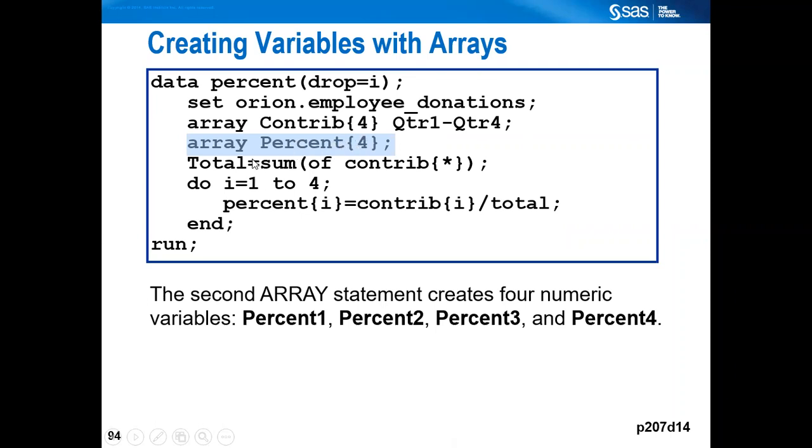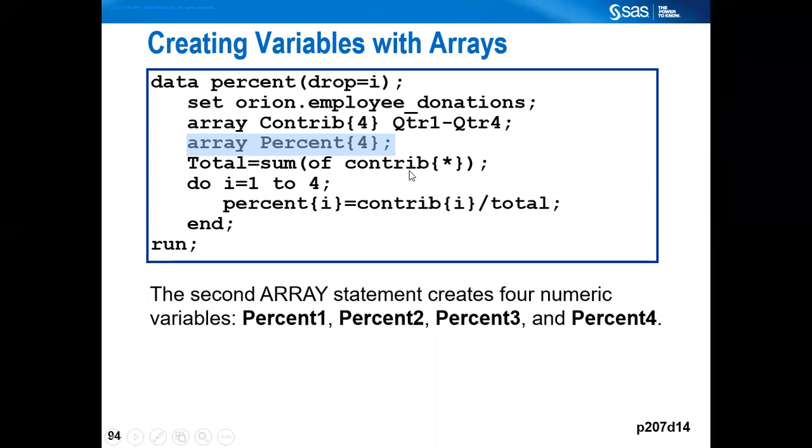First, to calculate the percentage, we have to divide by the total. Hence, we calculate total, which is the sum of all your quarters, the sum of contrib, which is your array. Then do I = 1 to 4, percentage I is equal to contrib I divided by total.